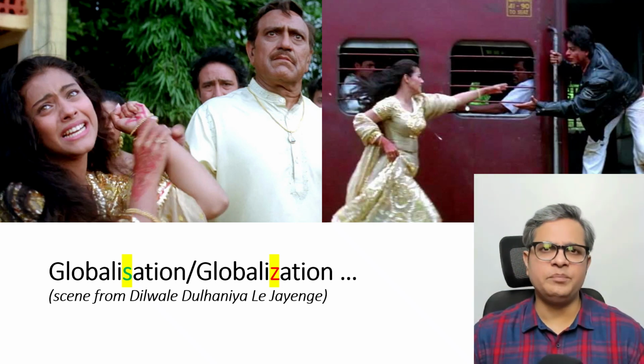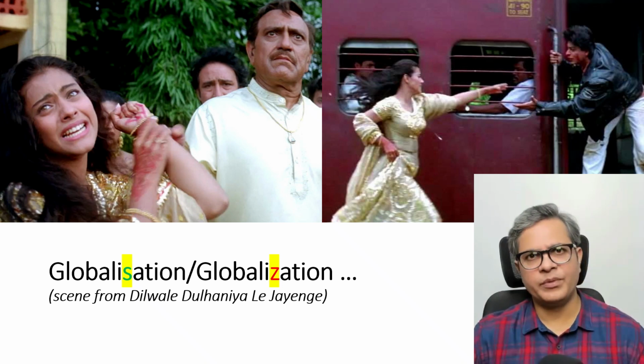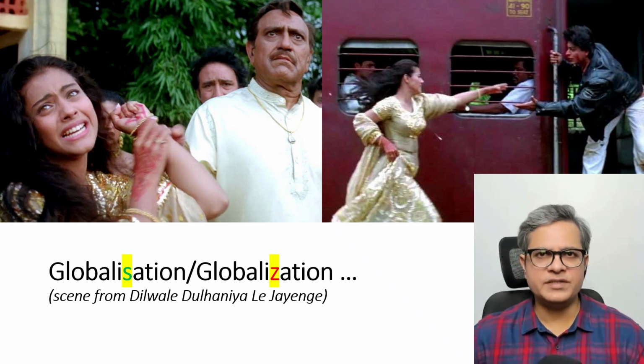Amrish Puri has certain beliefs. He wants to see his family practice his beliefs in a certain way. That's why he wants to wed his daughter to an Indian boy who is well settled in India.